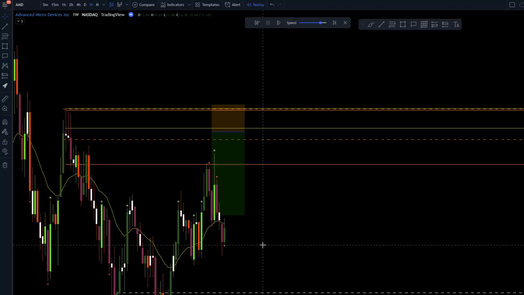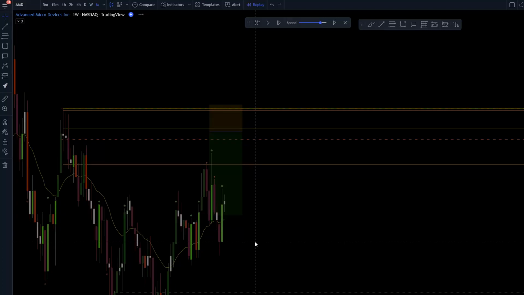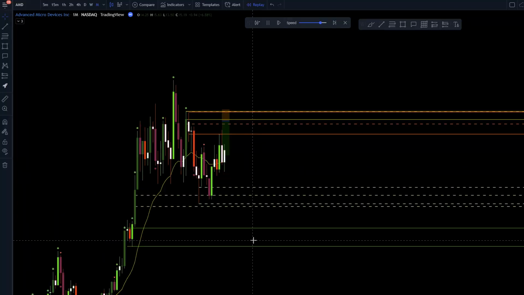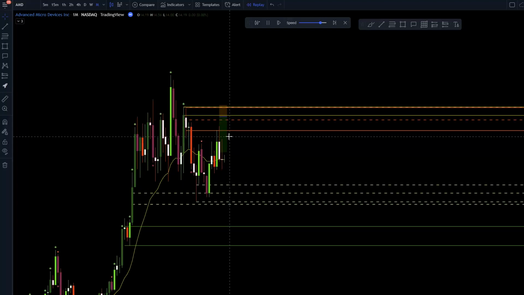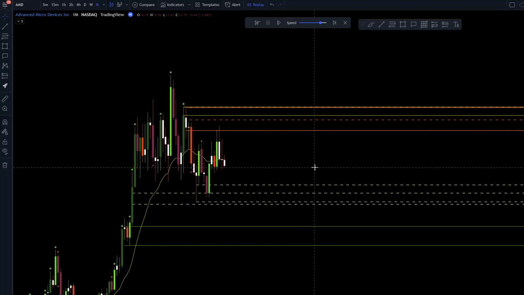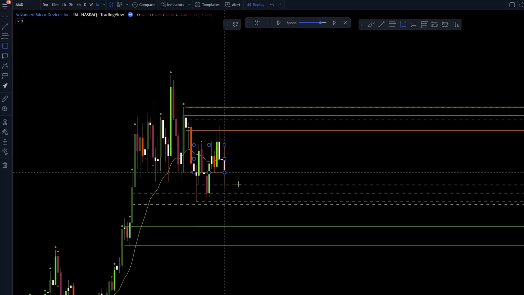Okay, price did not reach our entry. Looks like the trade might be invalidated in some time. Yeah, the trade is invalidated, cannot take this trade. It's back into that range.